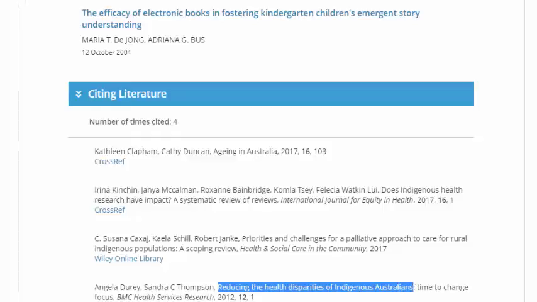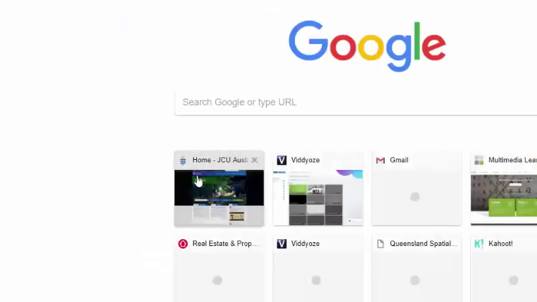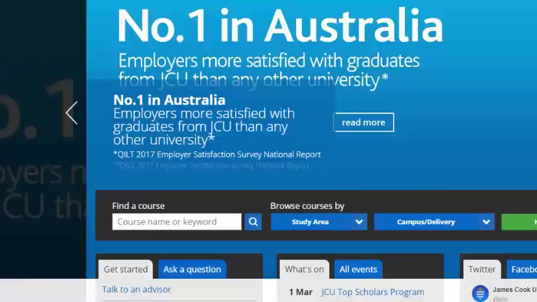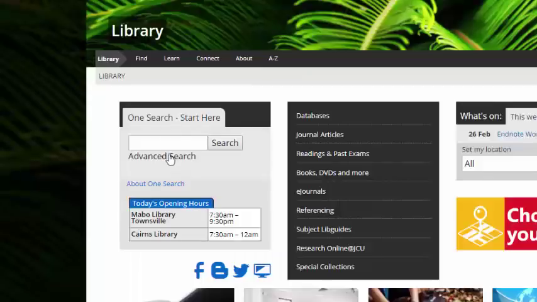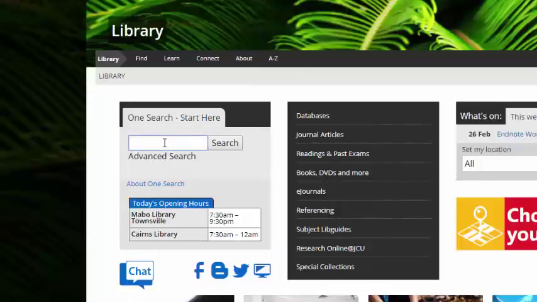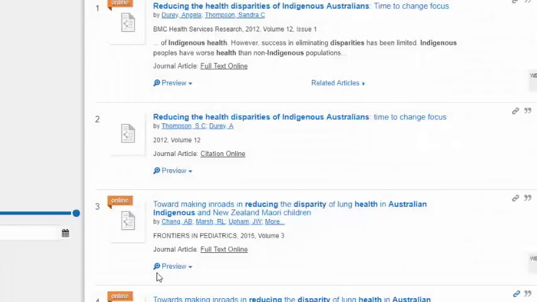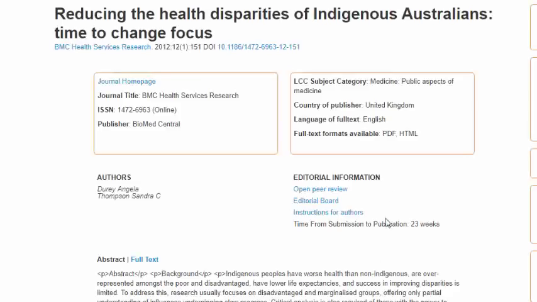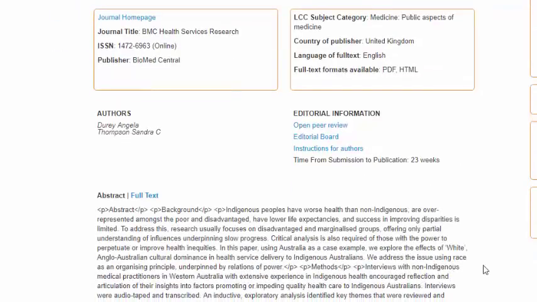I'm not sure if this is going to direct me to it, so I'm going to cheat a little bit and just cut and paste the title. Okay, so this probably is reducing time to focus. So full text.